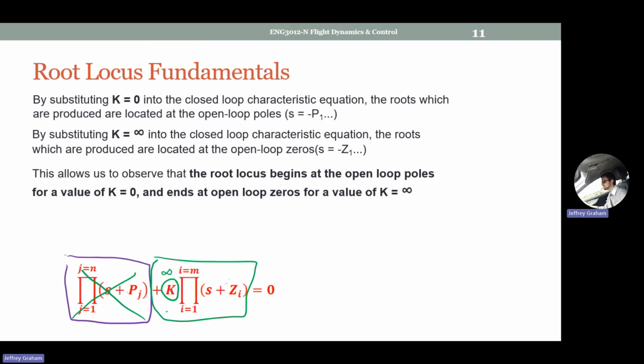What MATLAB will do, which I'll show you very shortly, is it effectively sets every value of k from 0 to infinity, so you get the full plot. I'm just going to show you a few distinct points so you get a grasp of how the plot moves. But remember, MATLAB is doing every single possible value for k.